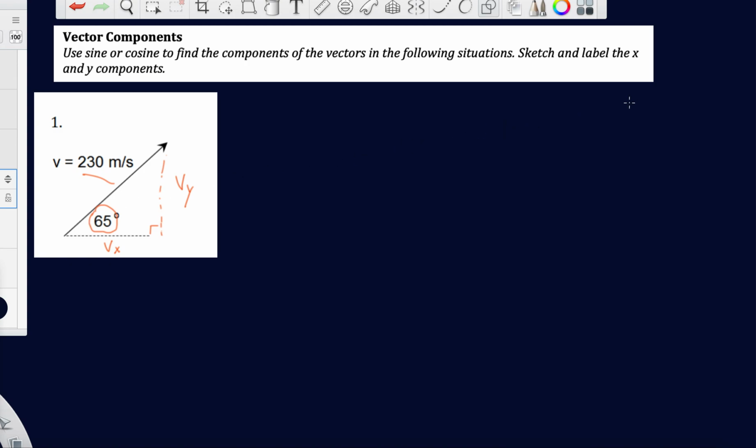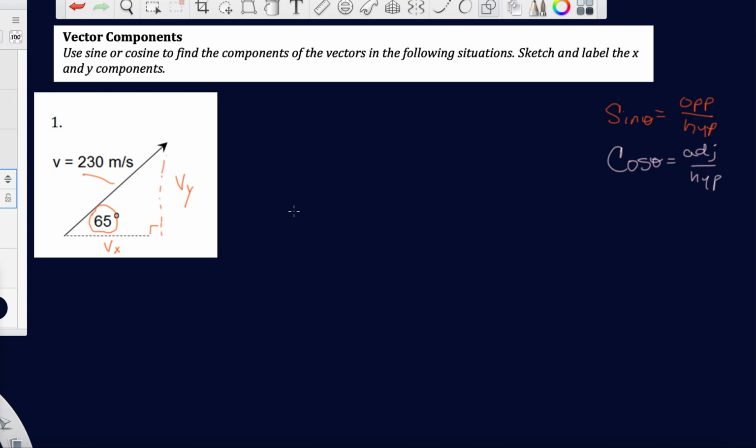So we said that we use sine of theta is our opposite side over our hypotenuse, and then our cosine, which we won't use here, we'll use this next, of theta is our adjacent side over the hypotenuse.